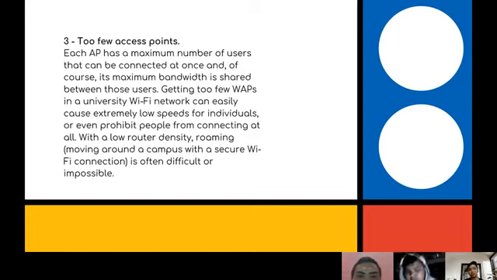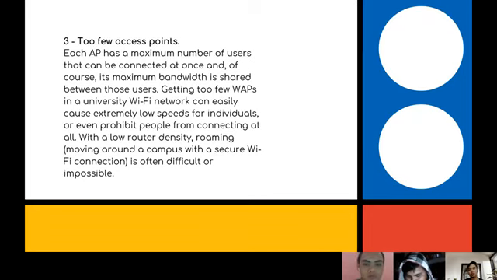Next, the finding about too few access points. Each access point has a maximum number of users that can be connected at once, and of course, its maximum bandwidth is shared between those users.